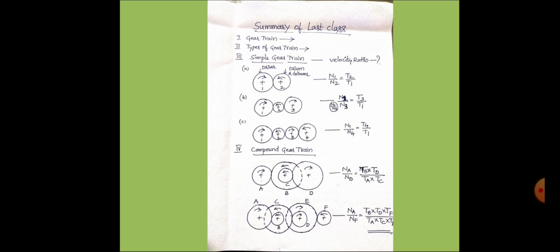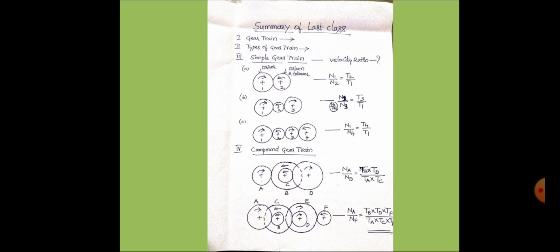Here there are two drivens, gear B and gear D. Therefore, number of teeth on gear B, that is TB, into number of teeth on gear D, because B and D are driven gears, divided by the product of number of teeth on the drivers.